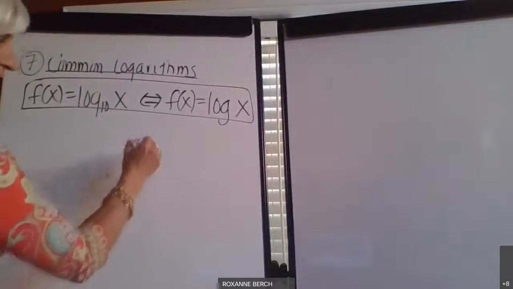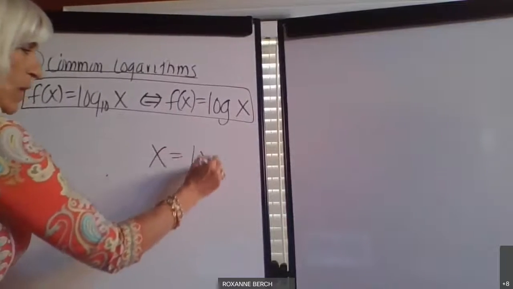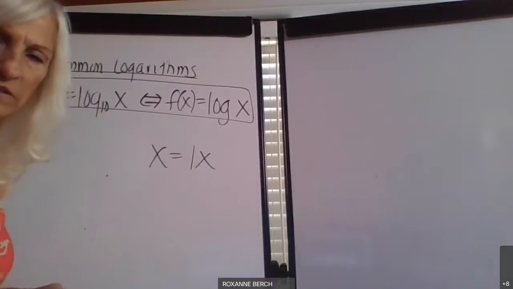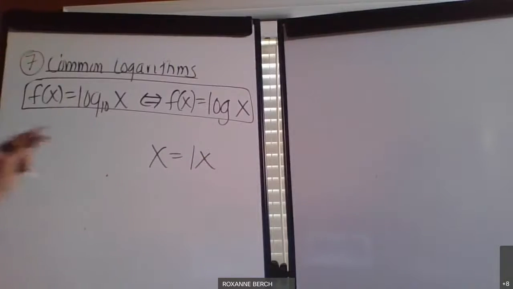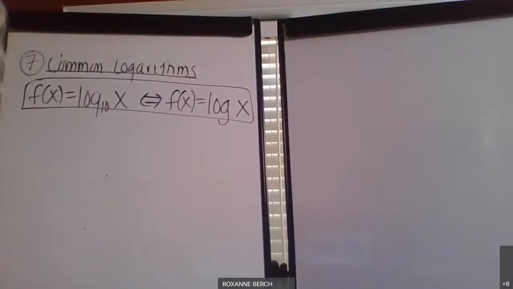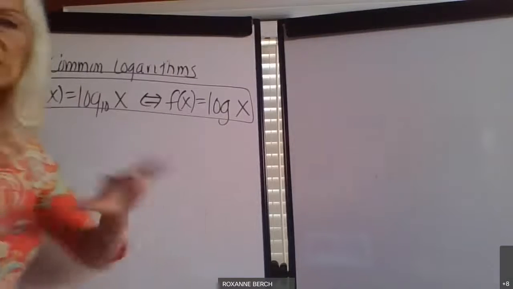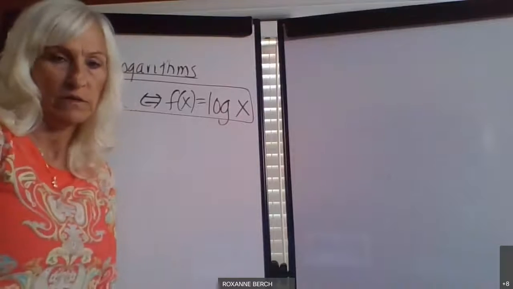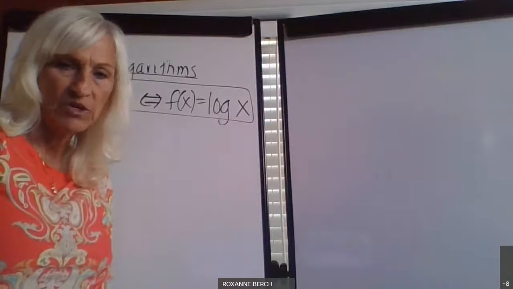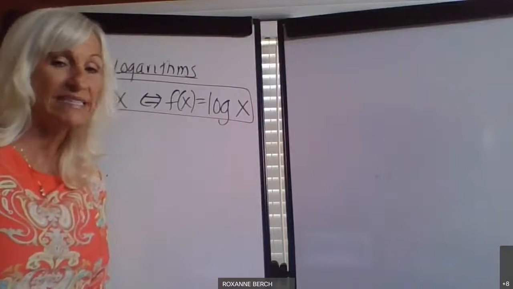Do you guys remember that x is really equal to 1x, but we don't ever say 1x? We know there's a 1 there. It's the same with the base of a logarithm. When you read this to me, don't say log of x. That's wrong. It's log base 10 of x. Whenever you don't see a base, it is 10.